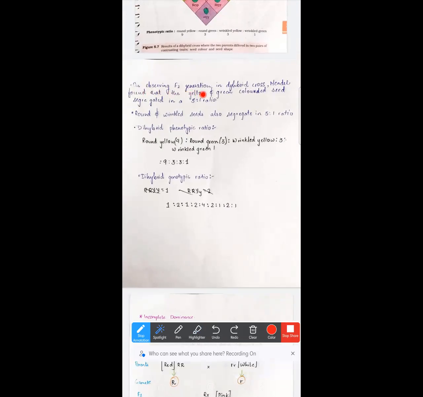On observing the F2 generation in dihybrid cross, Mendel found that the yellow and green colored seeds segregate in a 3:1 ratio, that you can see here.